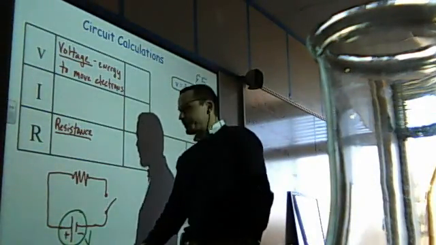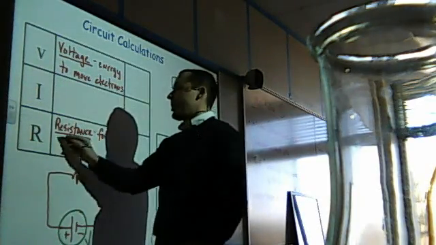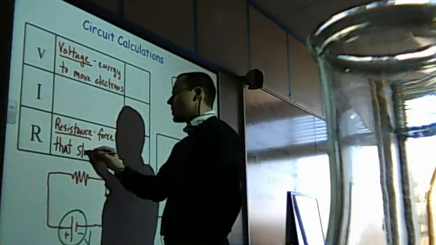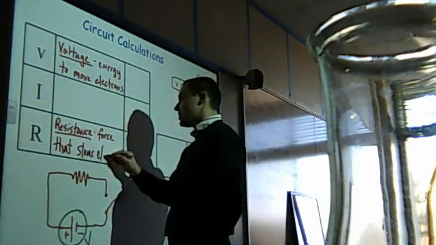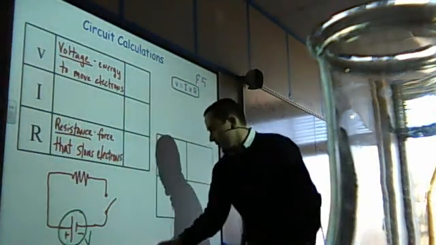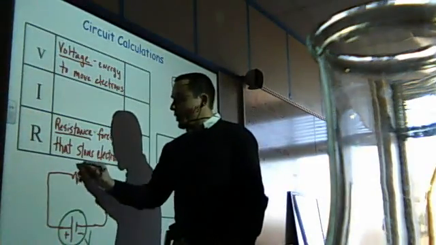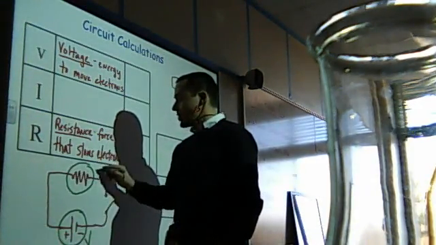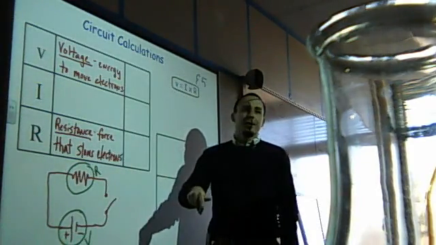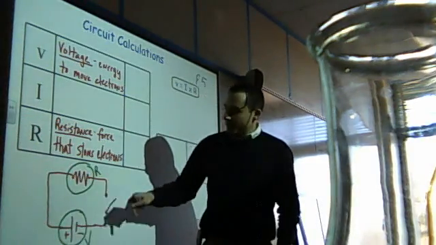The light bulb supplies a force that slows electrons. While the voltage is pushing the electrons through, things like the light bulb serve as resistors or resistance. It's a force that slows down electrons as we go. So voltage pushes, supplies the energy.